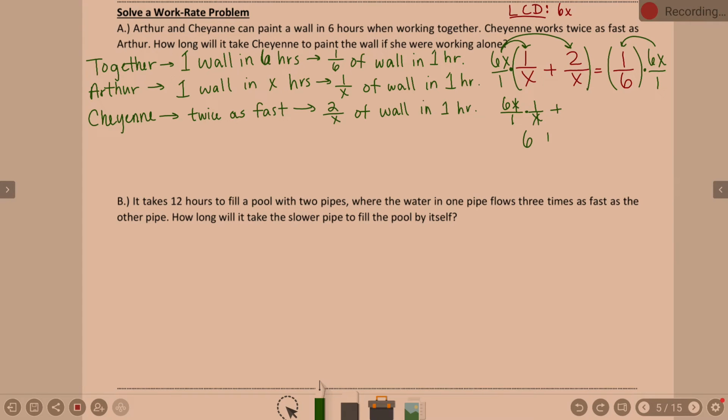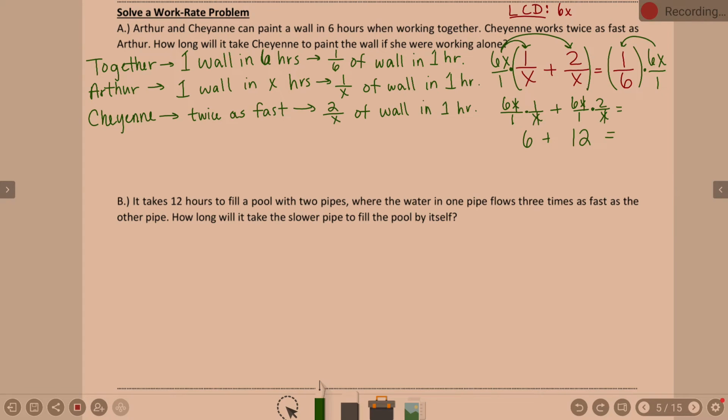Plus. Now I'm going to do 6x over 1 times 2 over x. That's doing the second piece. What cancels? X cancels with x. Leaves me with what remaining? 6 times 2, which is 12.